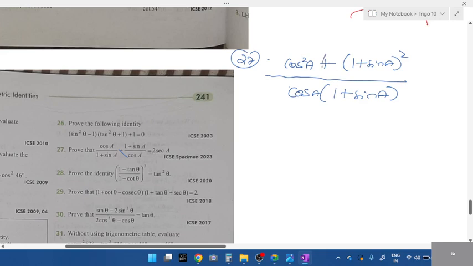No, you can't cancel. There is plus in between. Can you see plus? Keep cos square as it is. What do you get? What is A plus B the whole square? Plus 2 sin.